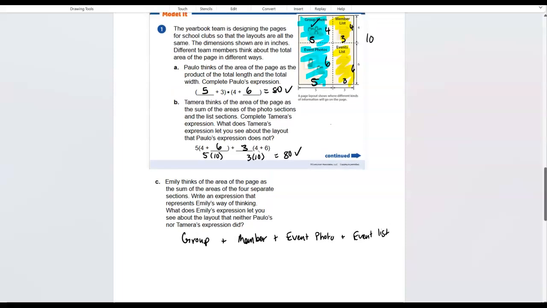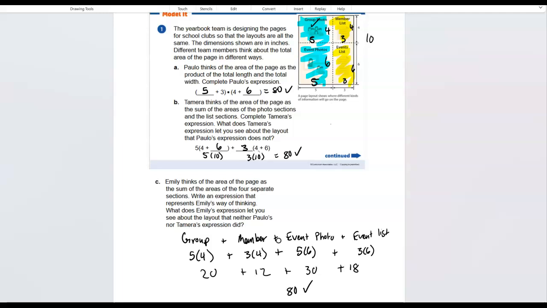The group photo right there is 5 times 4. Plus the member list is 3 times 4. Plus the event photo is 5 times 6. Plus the event list is 3 times 6. And if we add these all together, 20 plus 12 plus 30 plus 18, you still get 80.